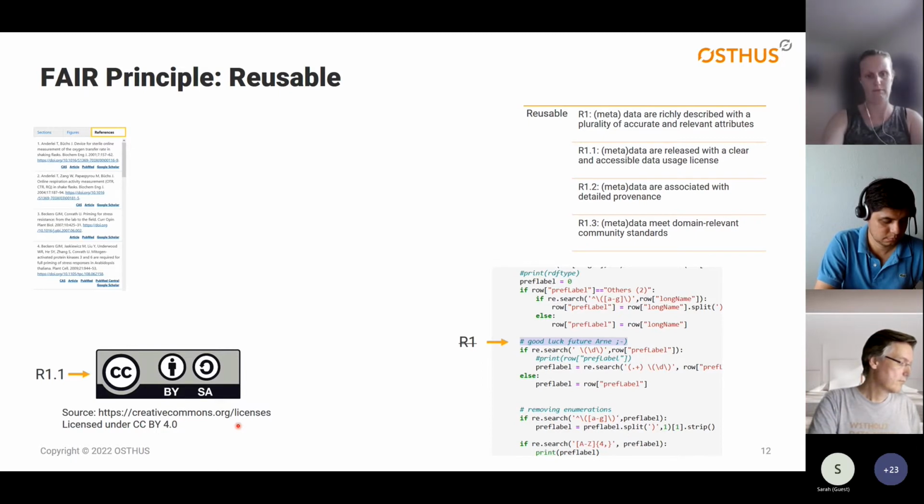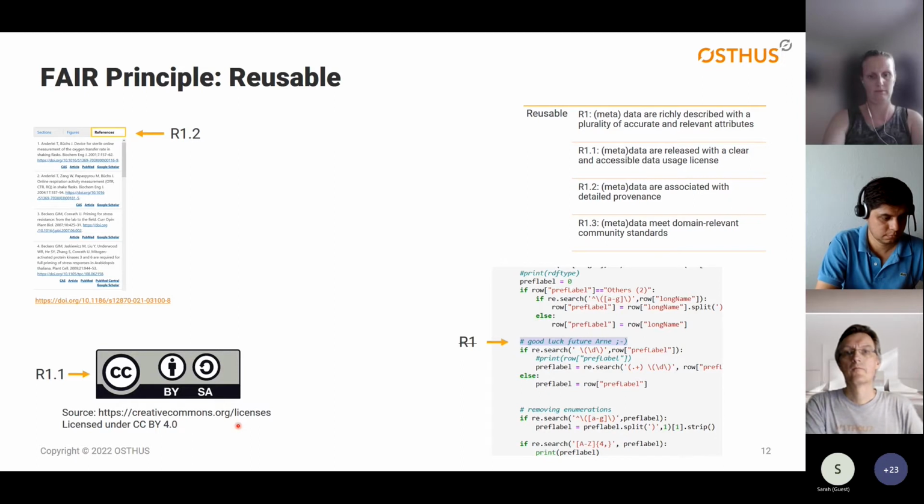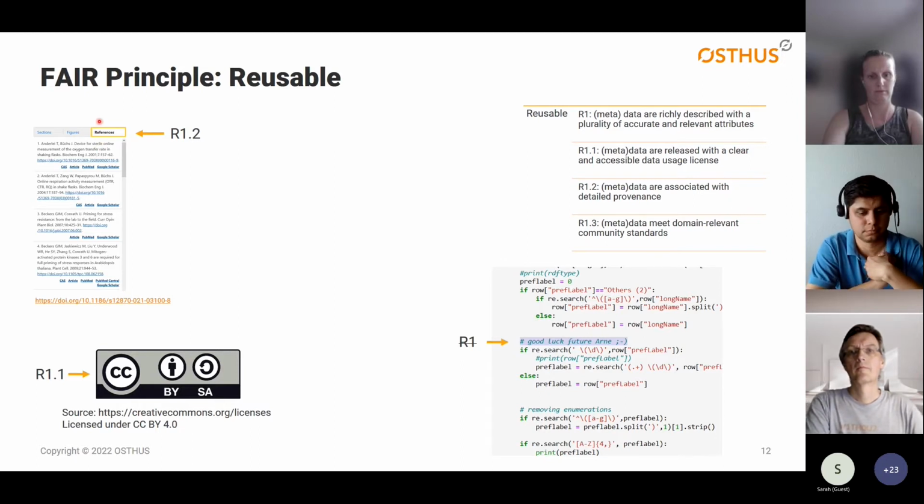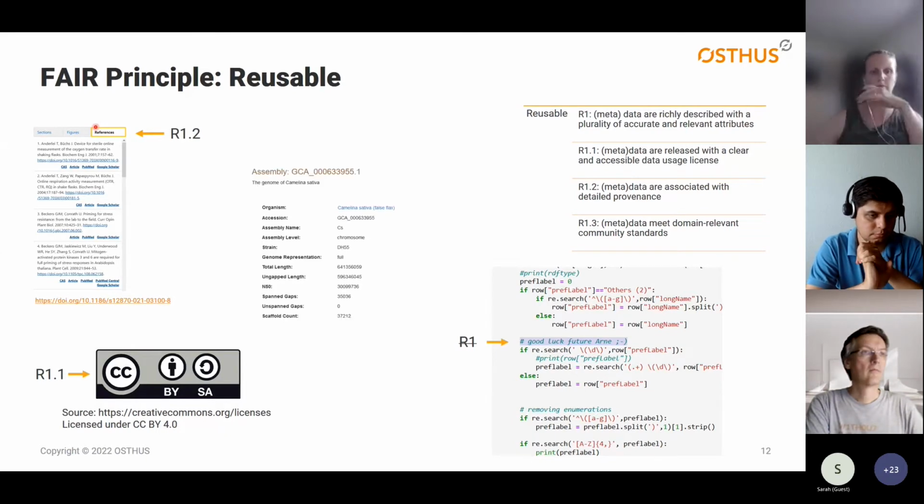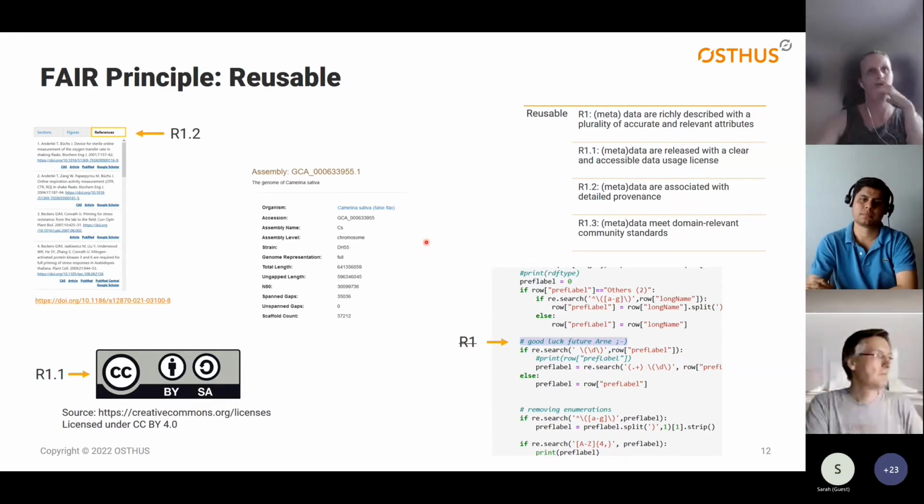Then we have provenance. The data are associated with detailed provenance, which means you make it clear how you came to that conclusion that, for example, is in your scientific paper. So that's the reference section at the end of every scientific paper. And then we have the last one in the round here, R1.3, metadata meet domain relevant community standards.